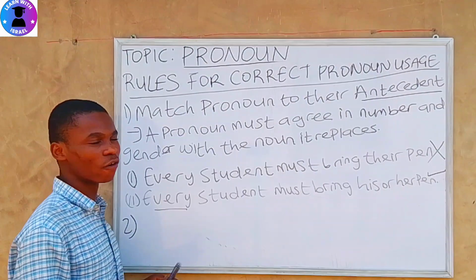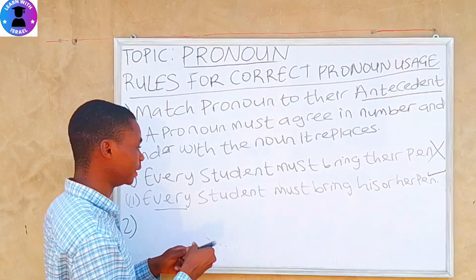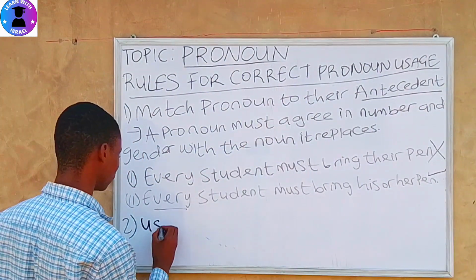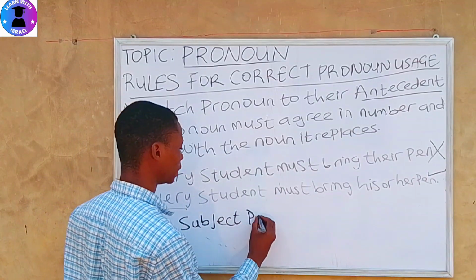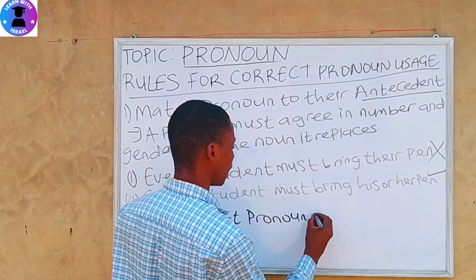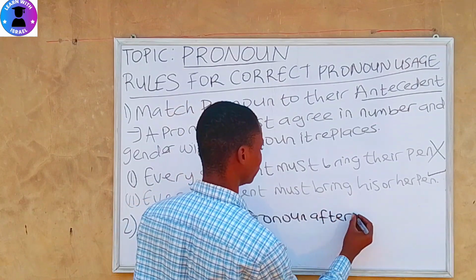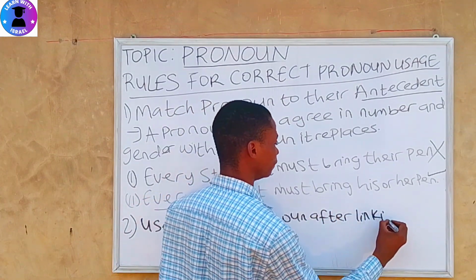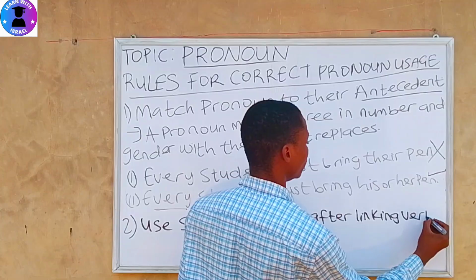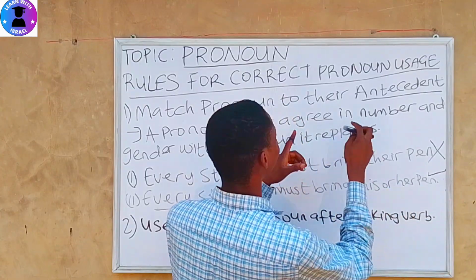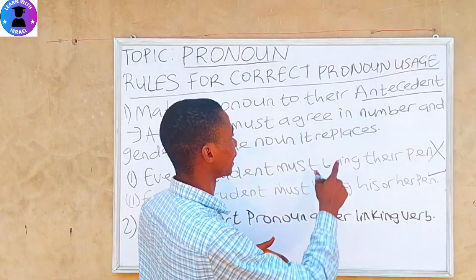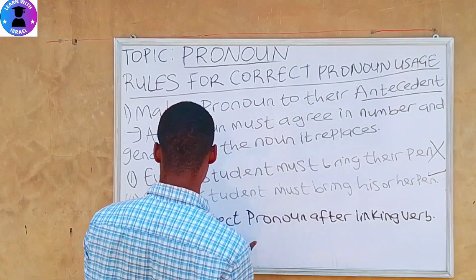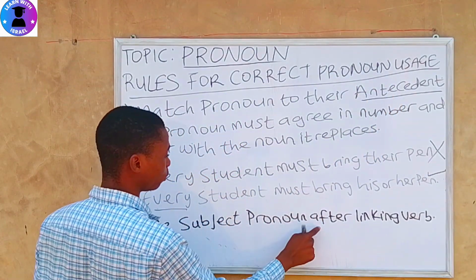The next rule for correct pronoun usage is use subject pronoun after linking verb. I already said that the antecedent is the noun the pronoun replaces. But here, I already talked about subject pronouns earlier.